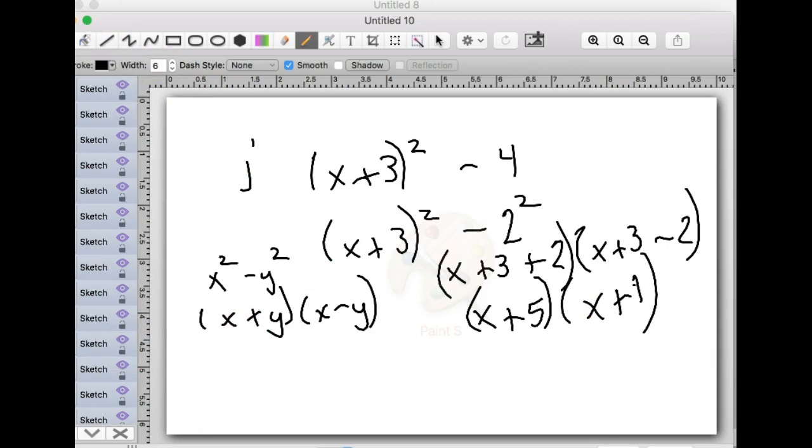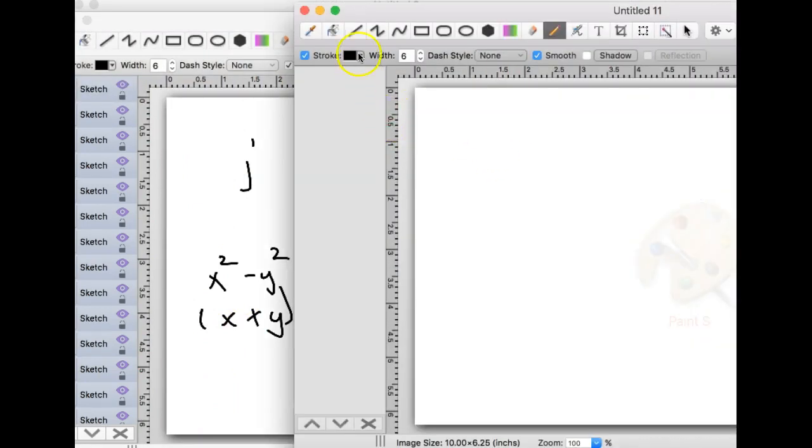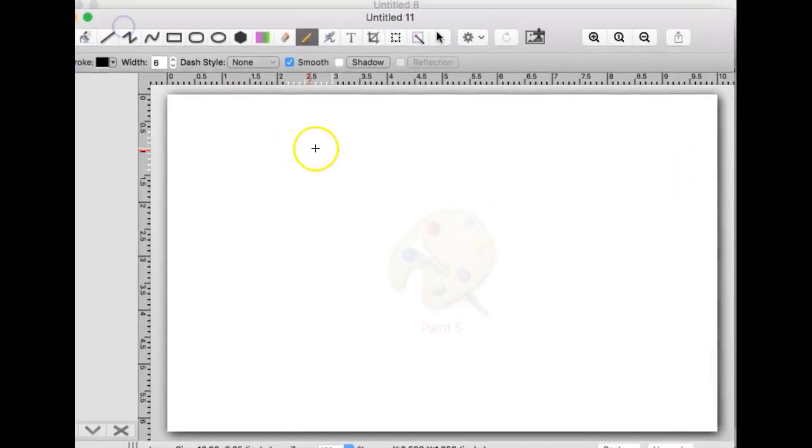Alright, let's try another one. Fully factorize, looking at section 5. Now some of these, they just go back to your rules. We have x squared plus 4x plus 4.